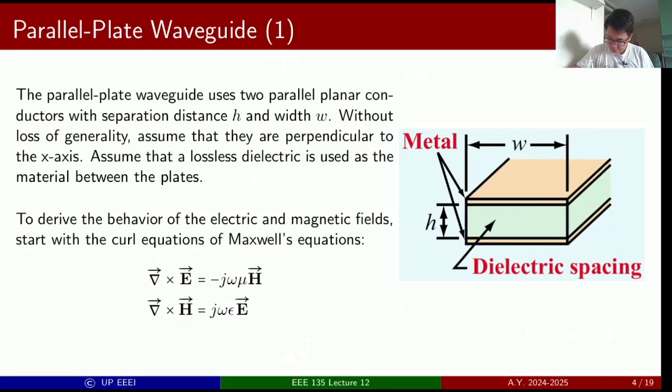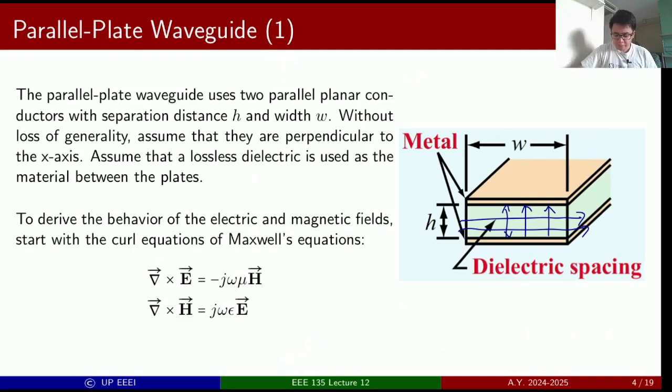So your electric field will exist between your plates, patterned like this. So it's in the vertical direction, and your magnetic field is patterned like this, inside your parallel plate waveguide. Okay, excuse me.